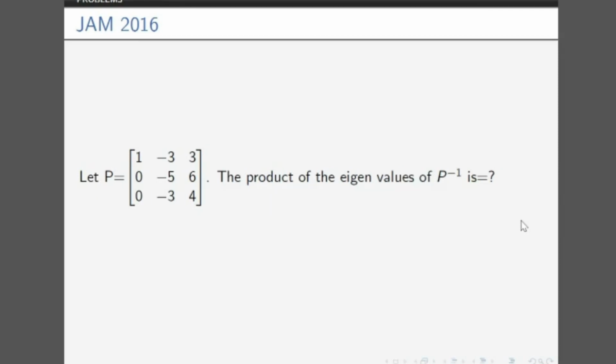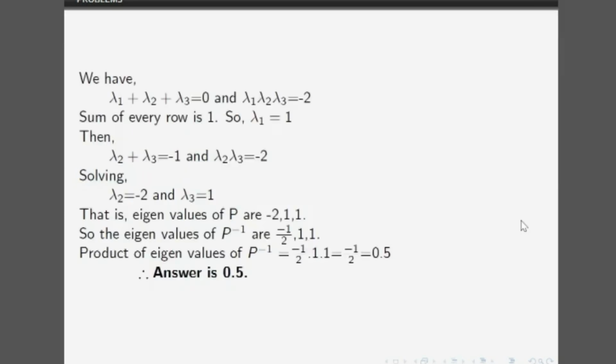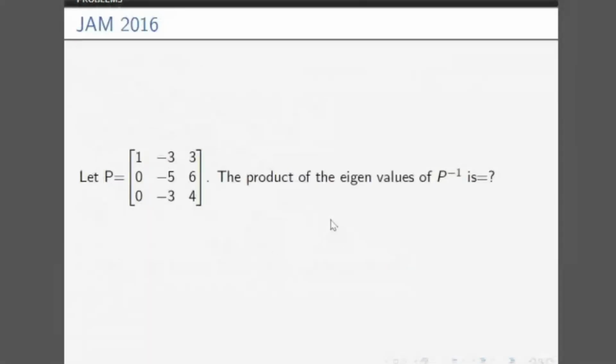Or the way that I followed was using the idea of eigenvalues. And if you sit and find the inverse of that matrix and then find its eigenvalues and then find their product, that is also correct. There is nothing wrong. But what matters when you are writing such exams is time management. So whichever method you find easy for managing your time, you can opt for that.